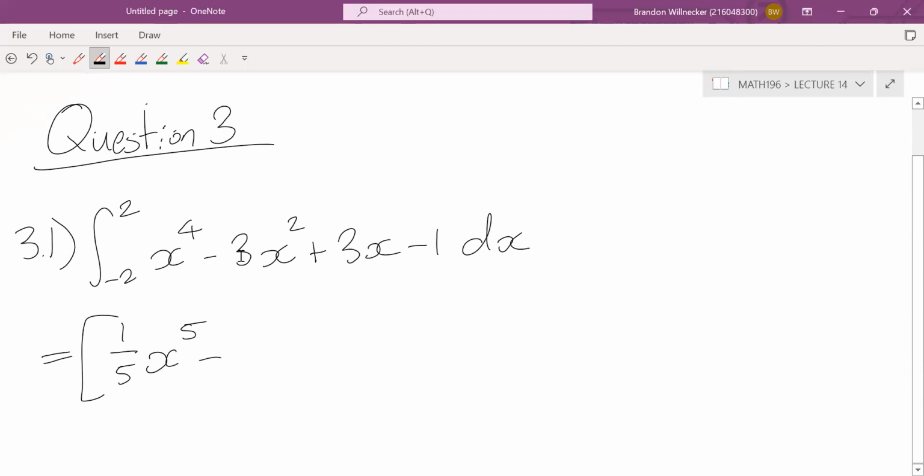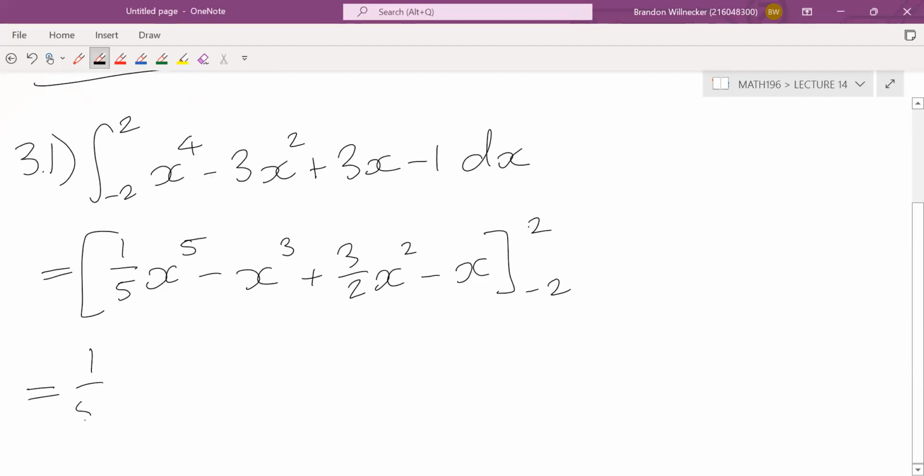Antiderivative of minus 3x squared is going to be minus x cubed. Antiderivative of 3x is going to be 3/2 x squared. And the antiderivative of -1, that's just minus x. Okay, and we need to evaluate this from -2 to 2.